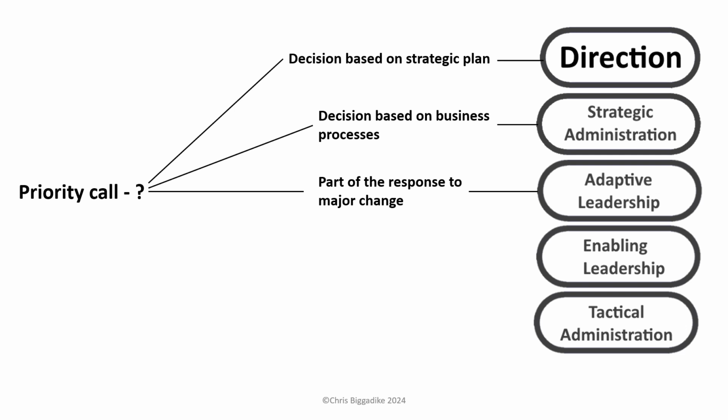If the priority call is being made as part of the response to an unexpected event or to facilitate transformational change, then this is adaptive leadership. If your priority call is part of guiding someone towards a goal or setting up the environment where success is most likely, then this is enabling leadership.